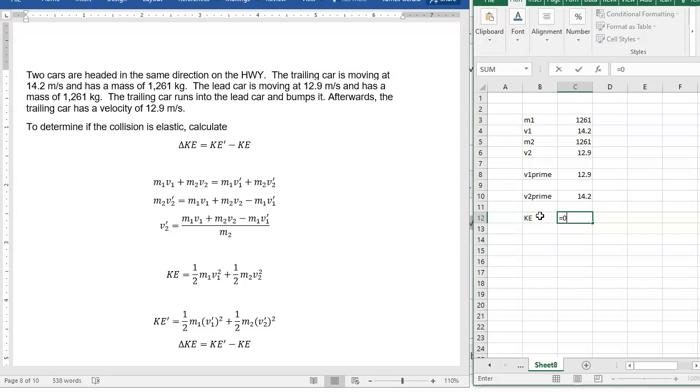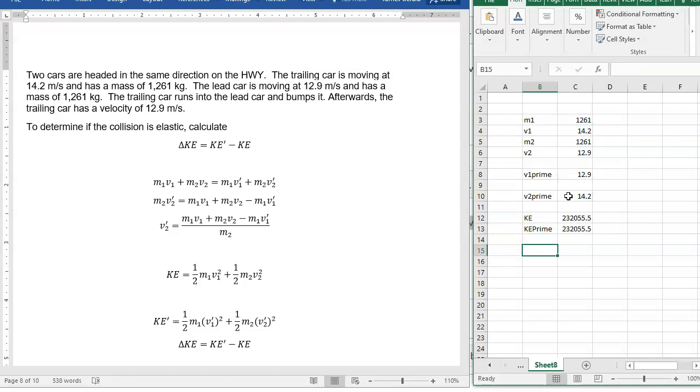So KE is 0.5 times m1 times v1 squared plus 0.5 times m2 times v2 squared. KE prime is going to be 0.5 times m1 times v1 prime squared plus 0.5 times m2 times v2 prime squared.